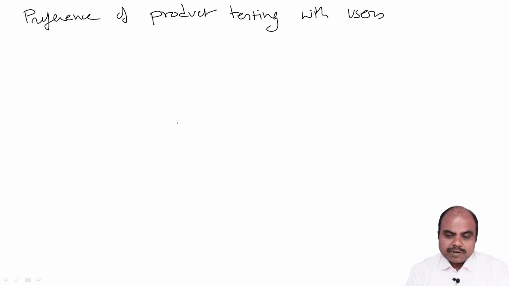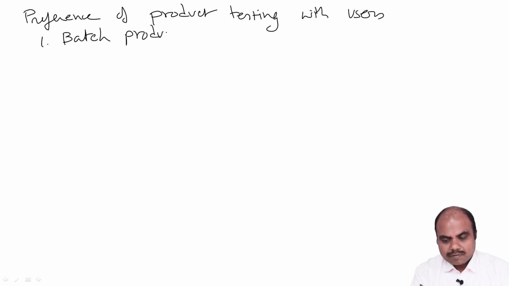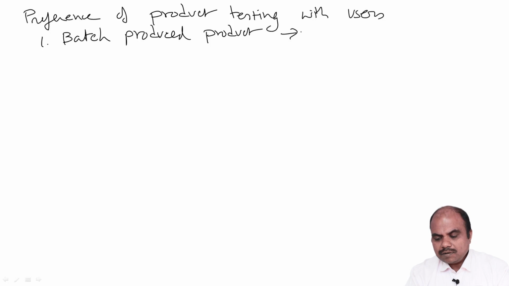Of course, if you can show the production prototype directly to the user, that is the best. So the first one is the batch produced product, and this product we can take to the user for user feedback.